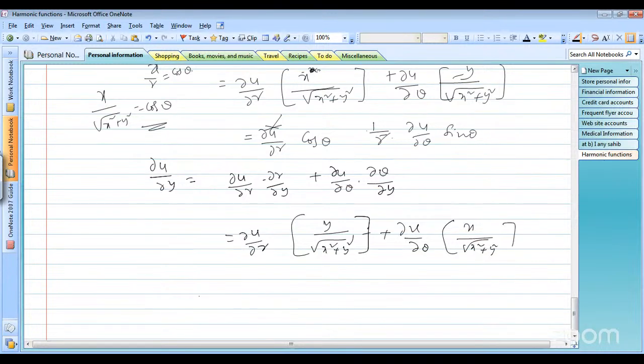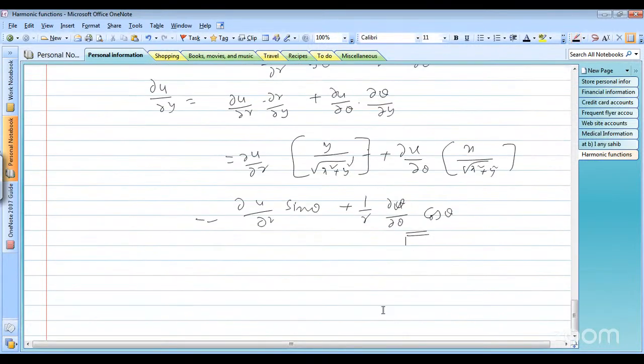So therefore dou u by dou r sin theta plus 1 by r dou u by dou theta into cos theta.